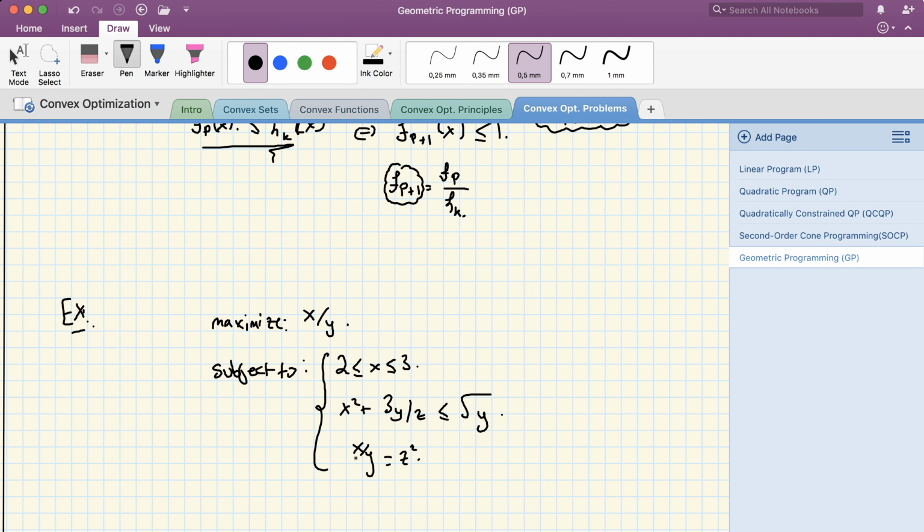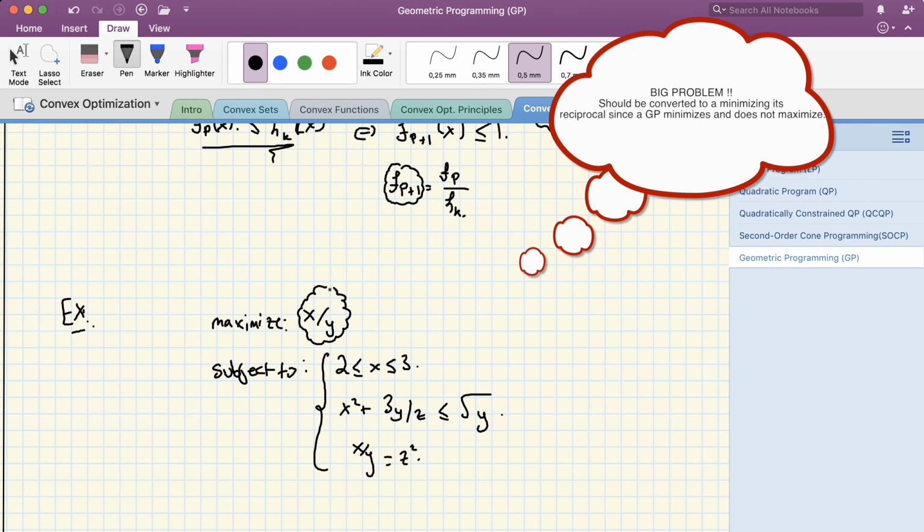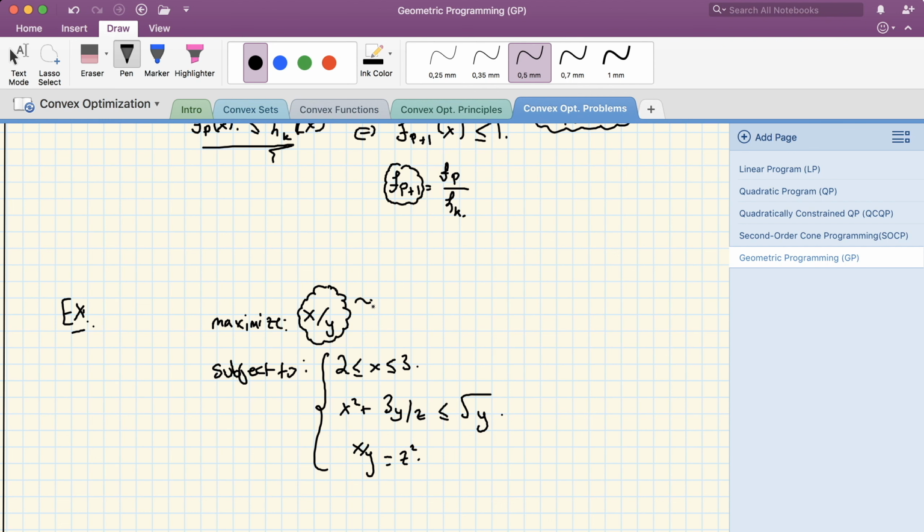Now, first of all, we have to identify the cost, which is clearly this, no problem. This is a monomial and hence a polynomial. So this is written as x and y to the power minus 1, and hence has the form of c1, x1 to the power alpha 1, x2 to the power alpha 2, where c1 is 1, alpha 1 is 1, and alpha 2 is minus 1. So no problem with this.